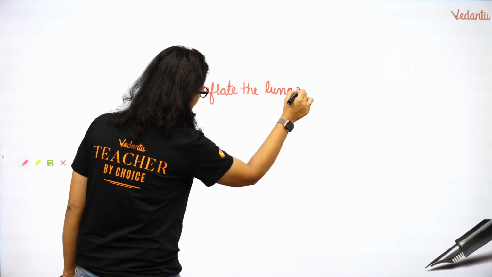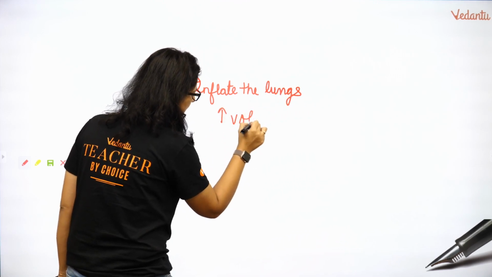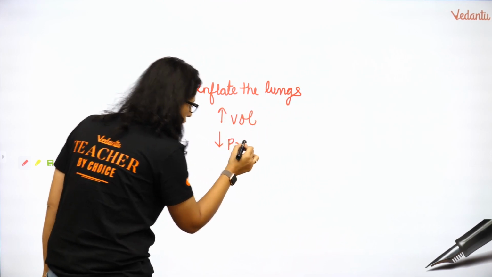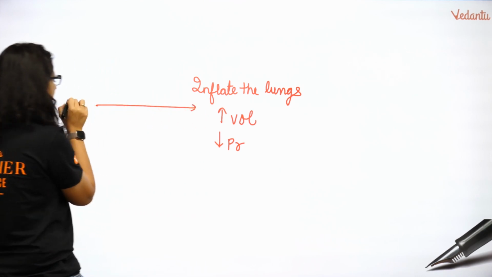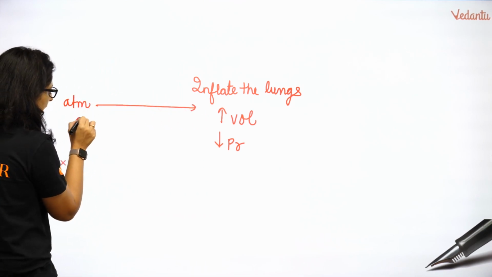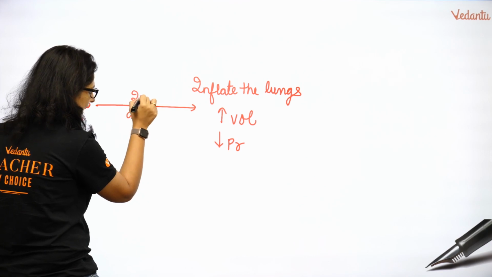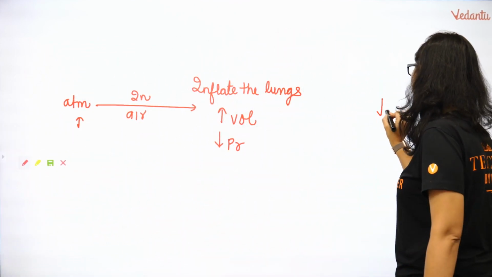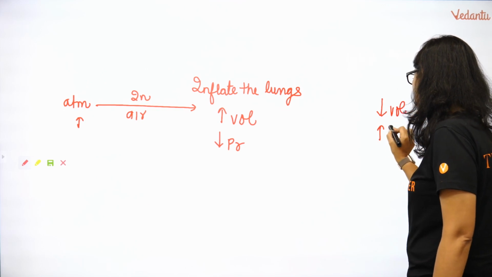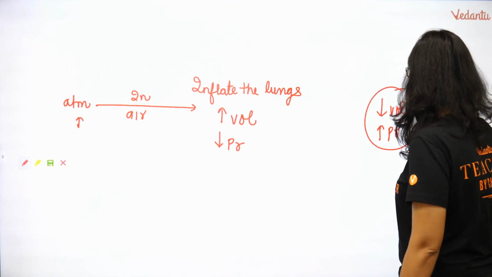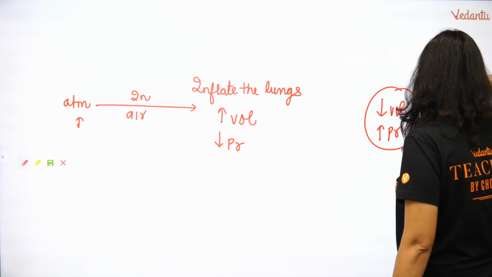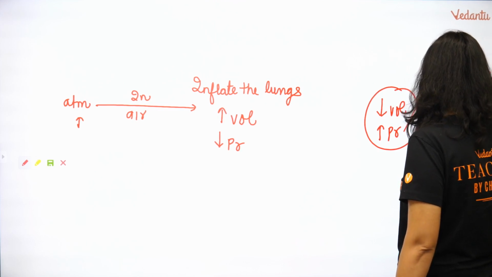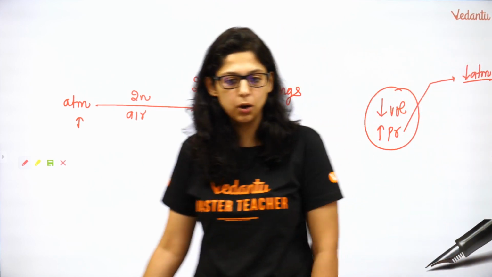When you inflate the lungs, the volume goes up, the pressure goes low, and the atmospheric pressure is comparatively high and air goes in. The vice versa happens, right? When the volume of the lungs is decreased, the pressure of the lungs is high, and because of which the atmospheric pressure becomes considerably lower and the air goes out.